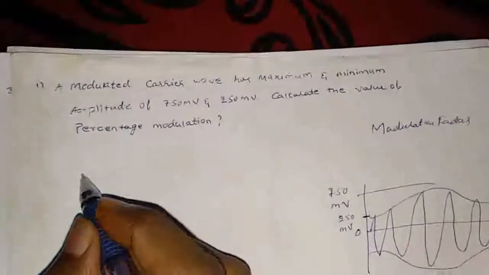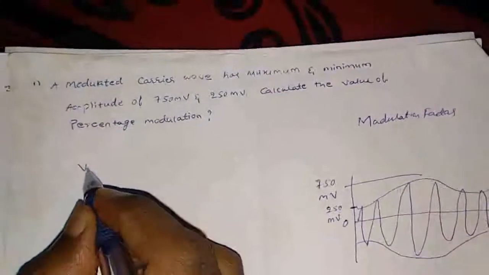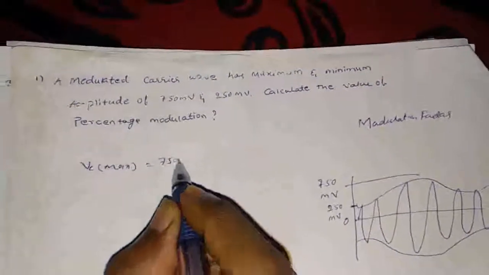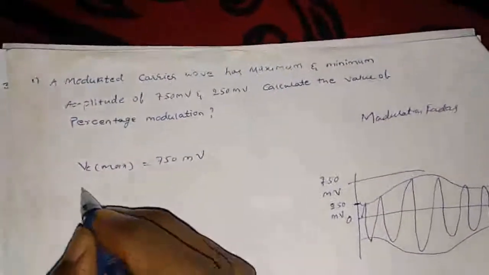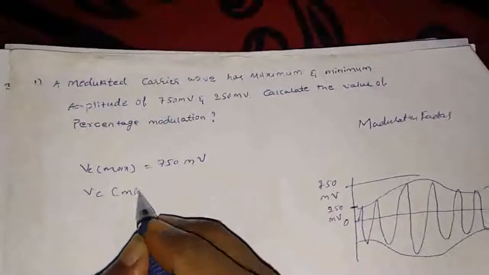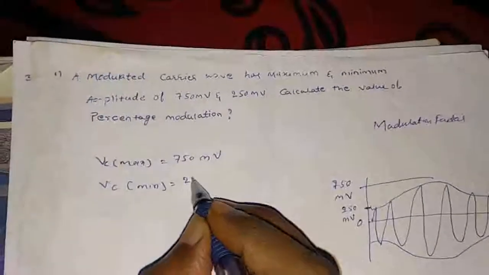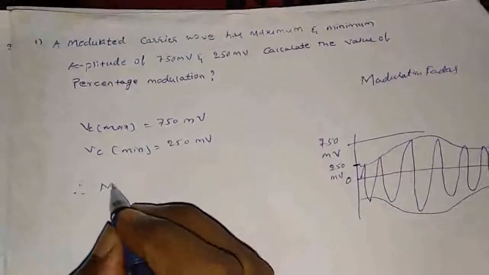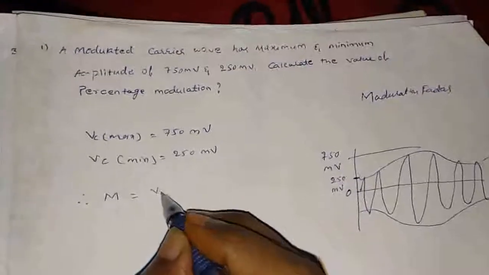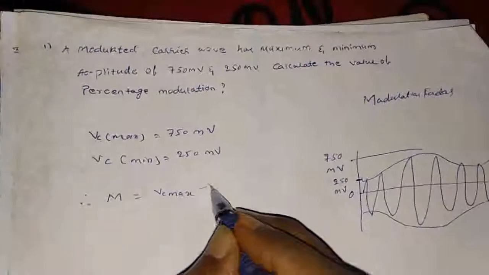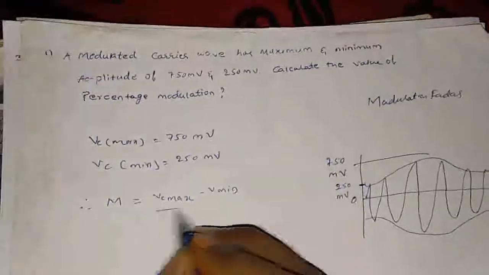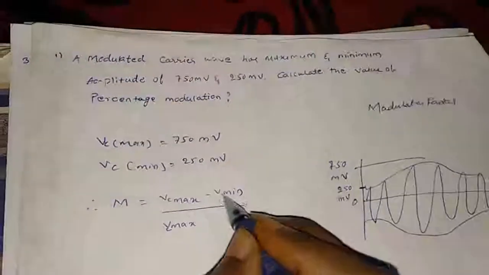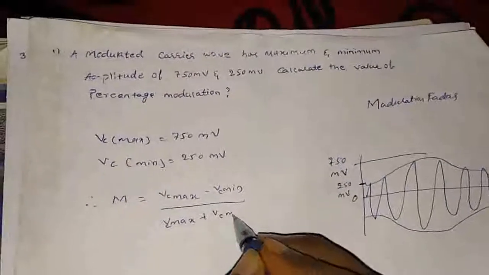We know already that Vc maximum is equal to 750 millivolt and Vc minimum is equal to 250 millivolt. Therefore the modulation factor is equal to V maximum minus V minimum divided by V maximum plus V minimum.